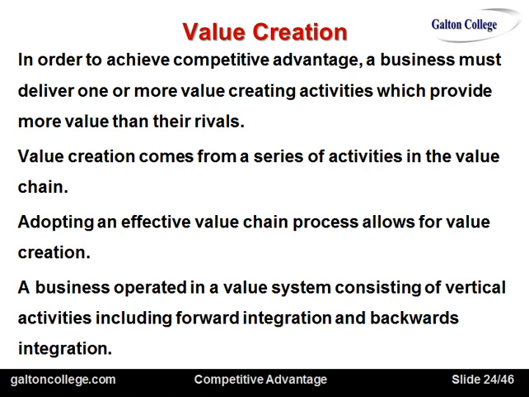So the value chain is moving from something which is not that valuable, say raw materials, through to products which are valued in the marketplace. And it's that process of adding value, value creation, and then comparing the final product with what the customer is willing to pay.